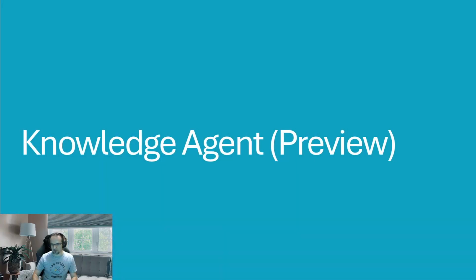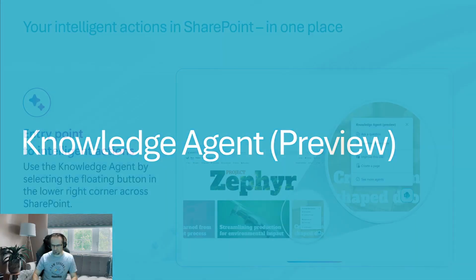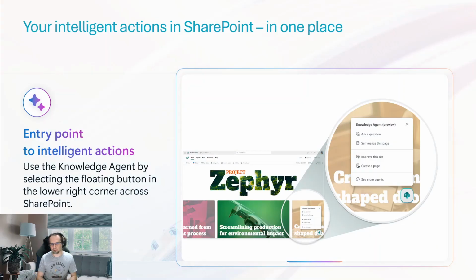So our today's main topic, Knowledge Agent. Knowledge Agent is a brand new AI agent dedicated for SharePoint. Right now it's available as a preview feature that you can test and play with on your SharePoint.